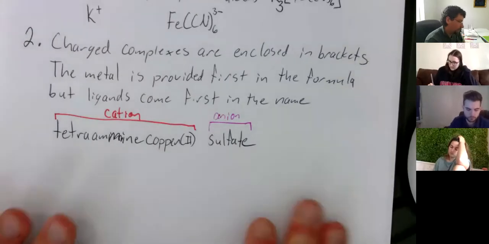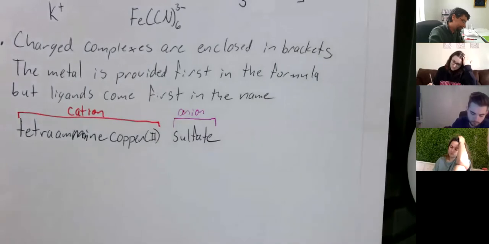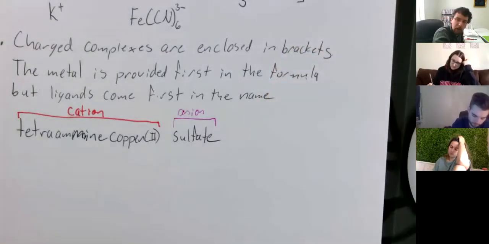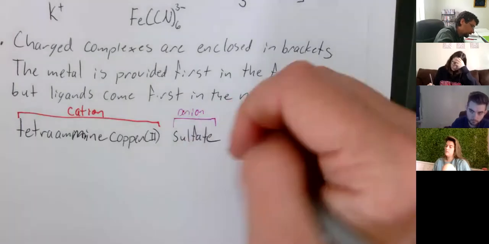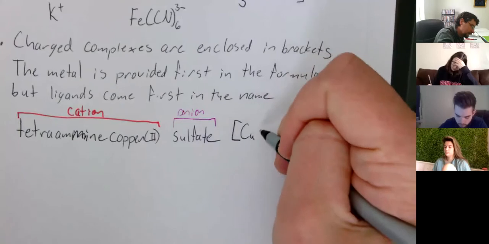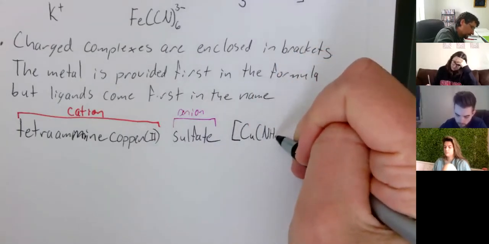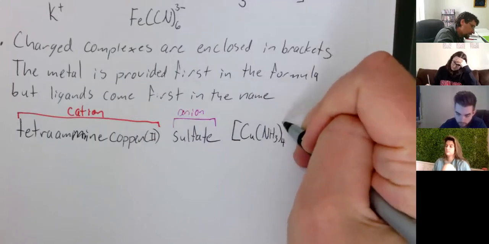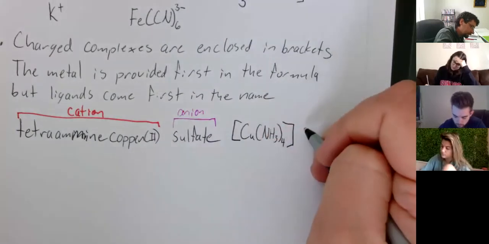Okay, so now if we go to write out the formula, how are we going to do that? What's it going to look like? It's going to be like a bracket, Cu. Yep, Cu comes first. Parentheses NH3 parentheses 4. And then that'll match with SO4.